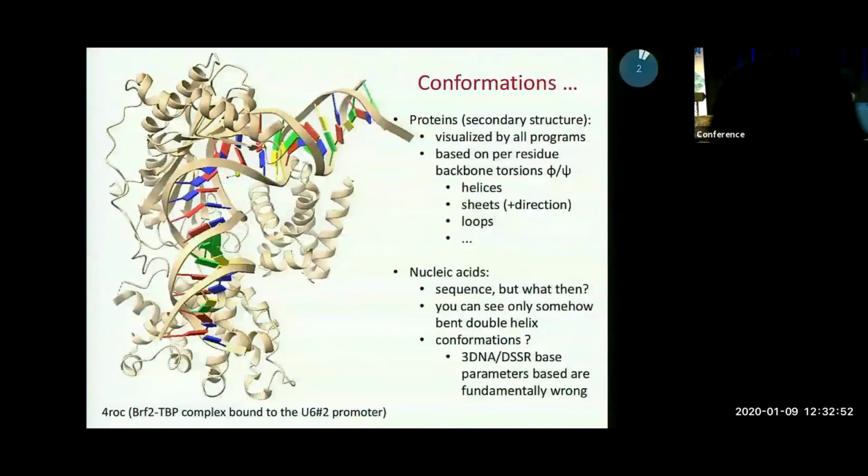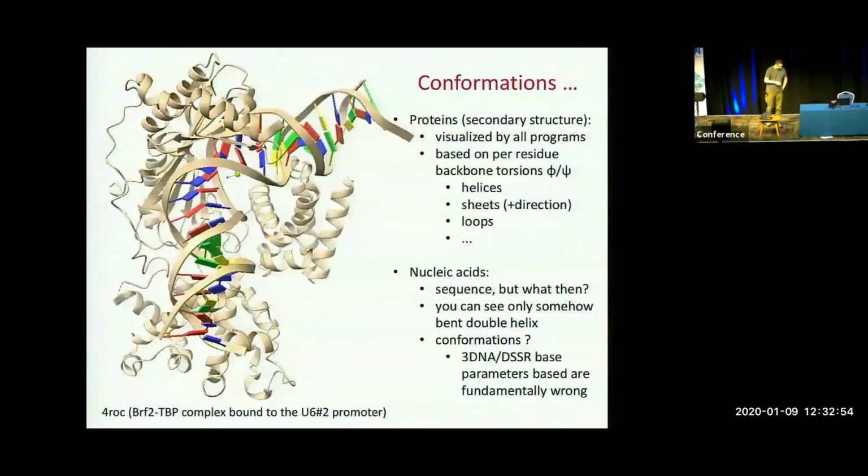So, conformations of biomolecules. For proteins, it's kind of intuitive. Every program can show you the helices and sheets and so on. For nucleic acids, it's a bit more complicated. Here in the cartoon figure, you can see a color-coded sequence, if you remember that green is something, but that's it.